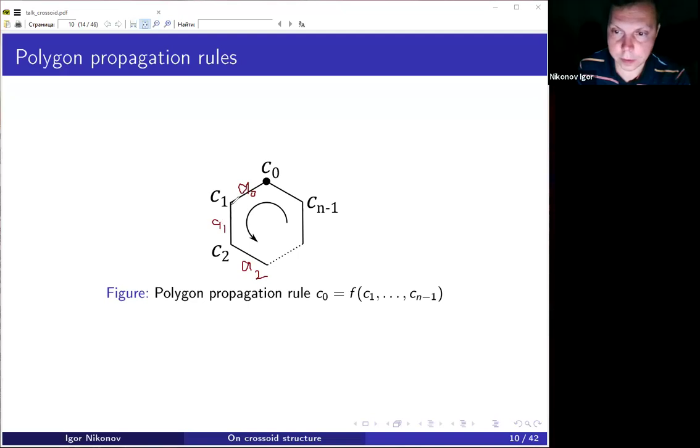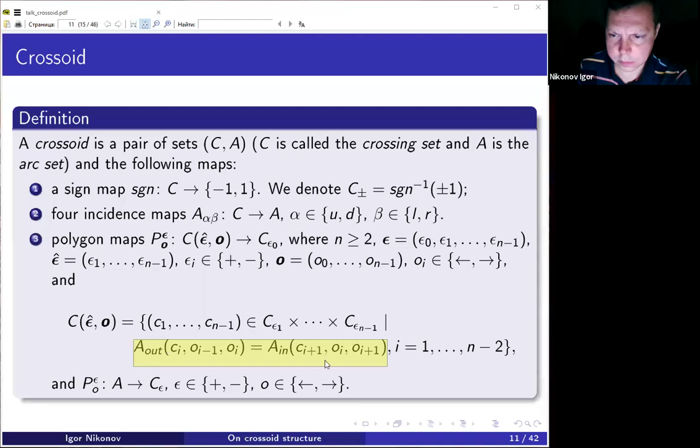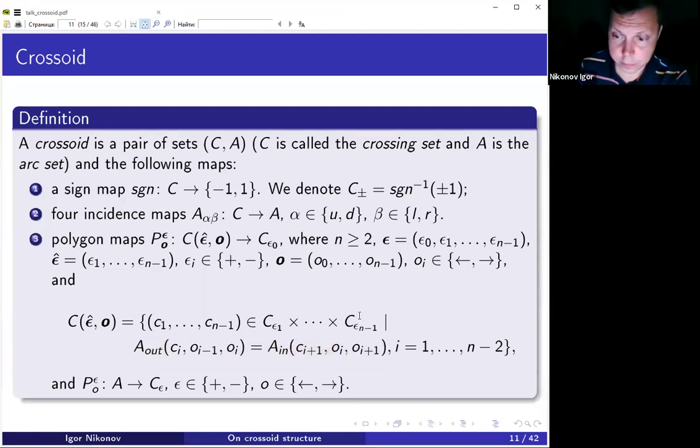So, for example, if we consider the color of this edge, this color is defined by the incidence map from the colors of C1 and C2. And we say that the incident colors of the edge must be the same. So we have a relation that the colors of the edges in the polygon are well defined, and this gives us some restrictions by these equalities. So on the set of compatible colors of the crossings C1, C2, and so on, we will have this polygon map.